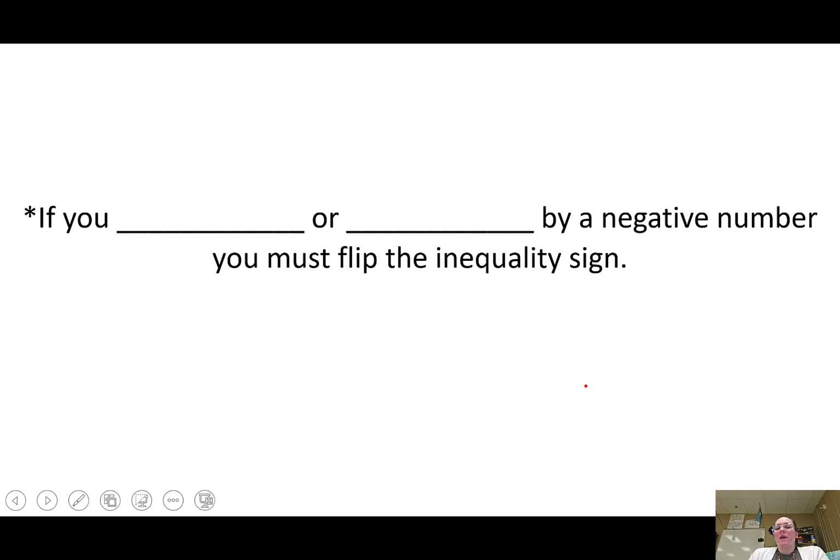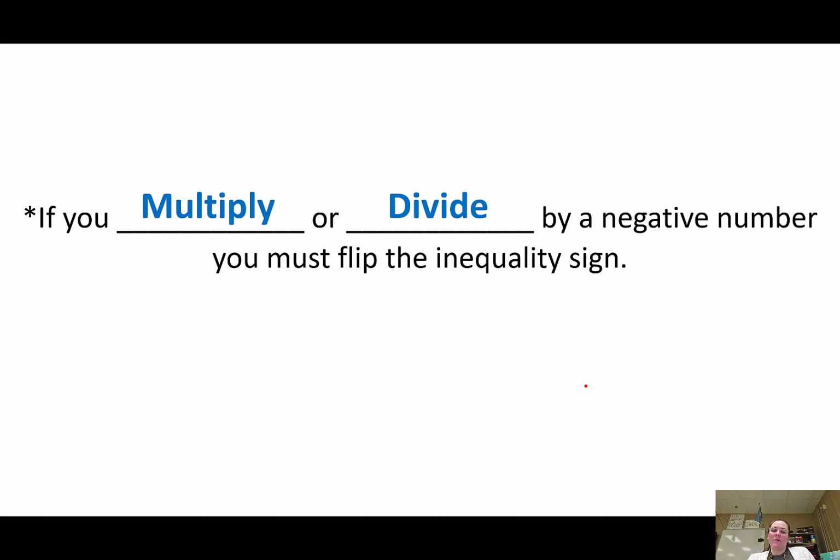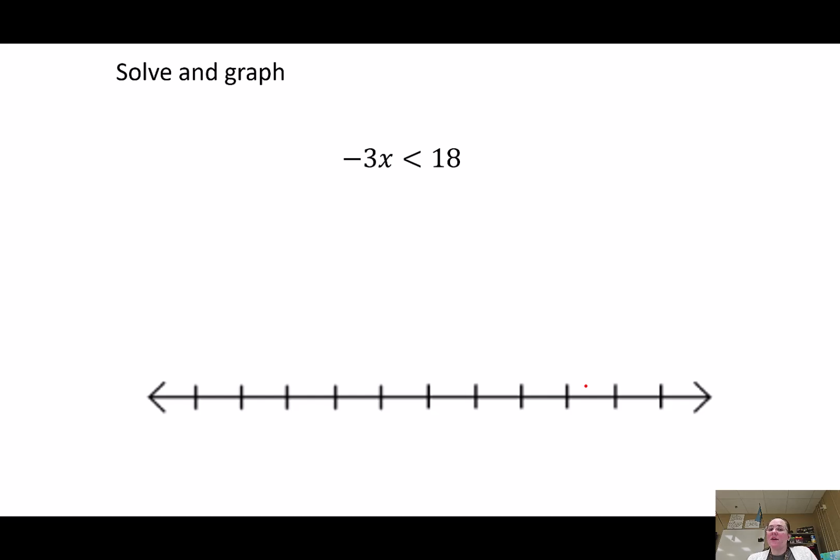All right, just a reminder, if you multiply or divide by a negative number, so the number with the variable is negative, then we are going to flip the inequality sign. So like this one here, I've got negative 3x is less than 18. My 3 is negative.